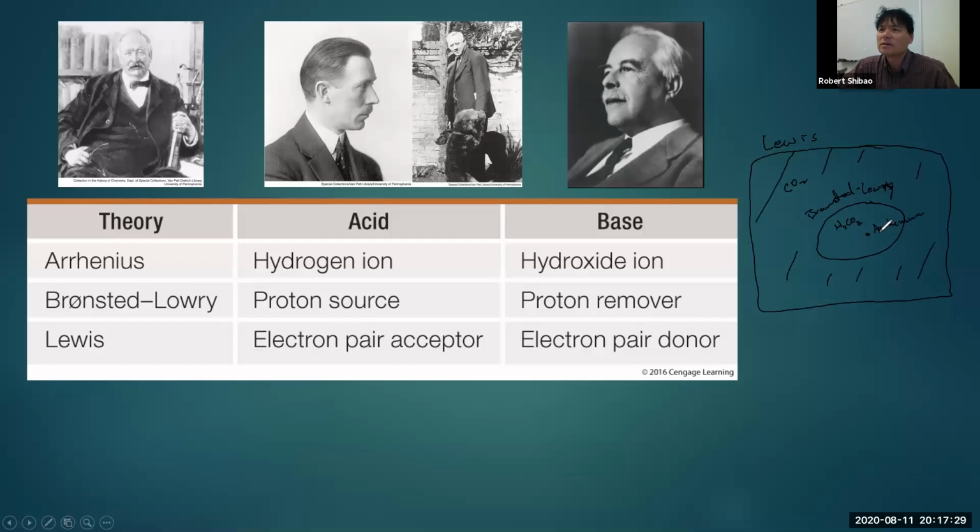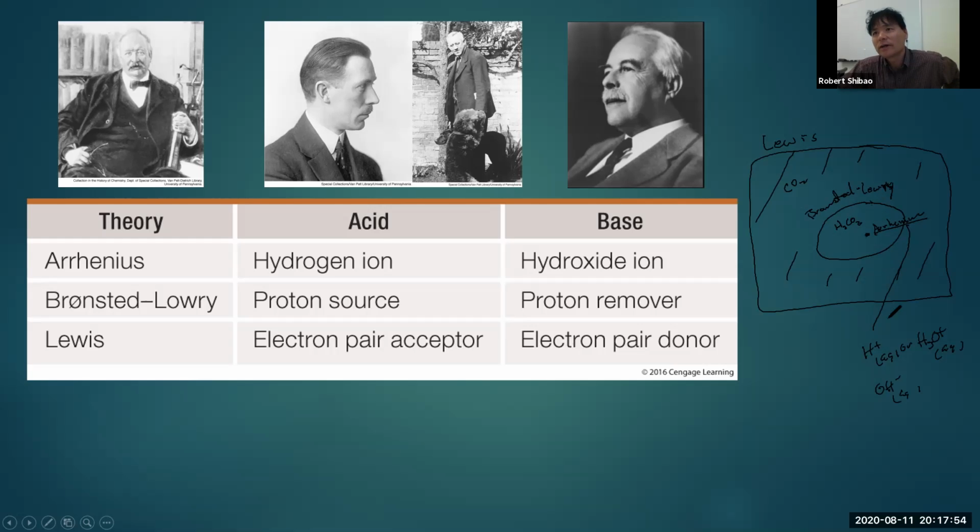So essentially Arrhenius acids are just H plus aq or H3O plus. We use these interchangeably, H plus and H3O plus, and OH minus. So it's very narrow. Arrhenius acids and bases are just H plus or H3O plus and OH minus. And so it's a very small subset here.